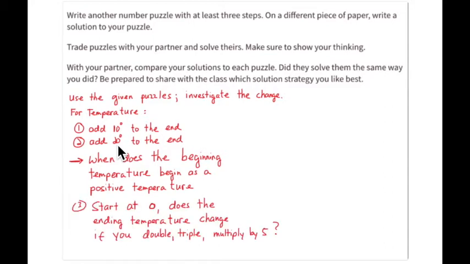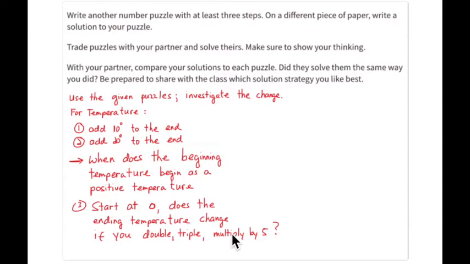One way to answer that question is to start at 0 and work your way the other way. Start at 0 and figure out the puzzle if you start at 0 rather than at -7 degrees. That's going to tell you the minimum ending temperature needed to end up with a starting temperature of 0 degrees.